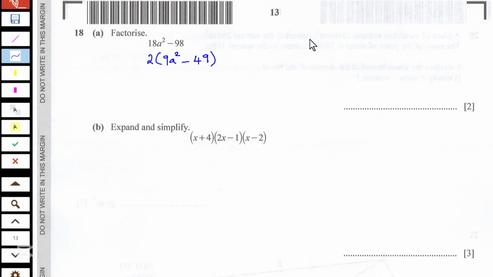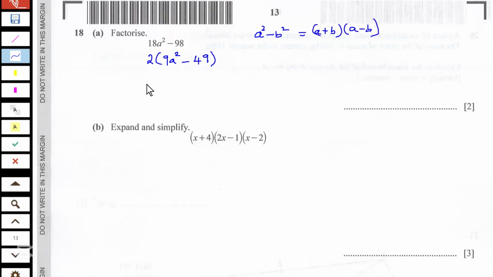Now to factorize fully, we have to go into the brackets and apply the difference of two squares. Now, the difference of two squares, when we have a squared minus b squared, is equal to a plus b times a minus b. So we have to apply the difference of two squares to the terms inside the bracket.